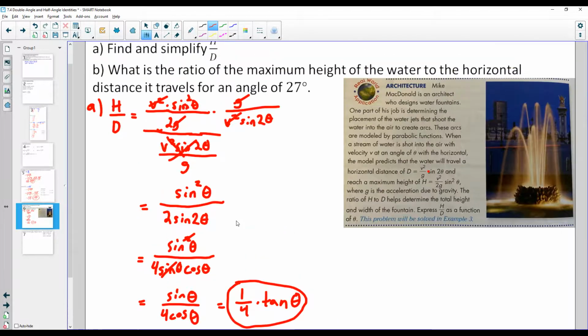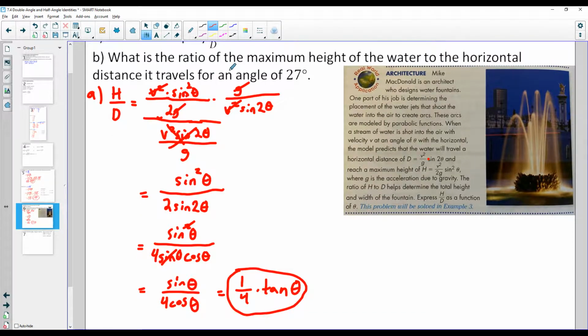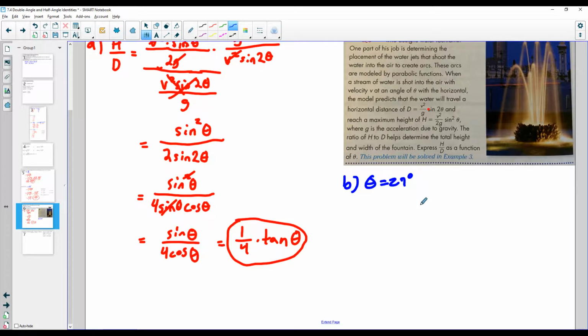Right? Maybe now we look at B. What is the ratio of the maximum height of the water to the horizontal distance it travels for an angle of 27 degrees? So now if we do B, really all it's telling us is that the angle it's shooting out at is 27 degrees. So we can put that into 1/4 times the tangent of 27 degrees.